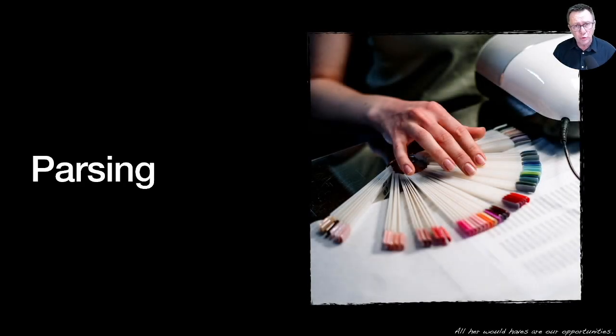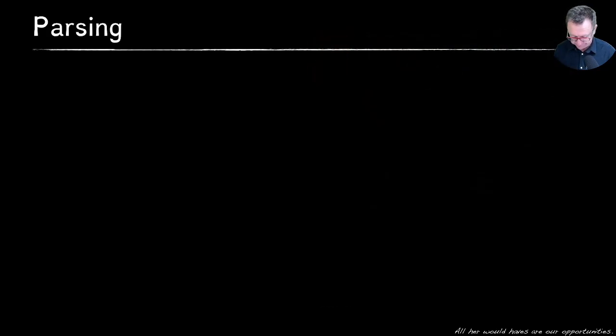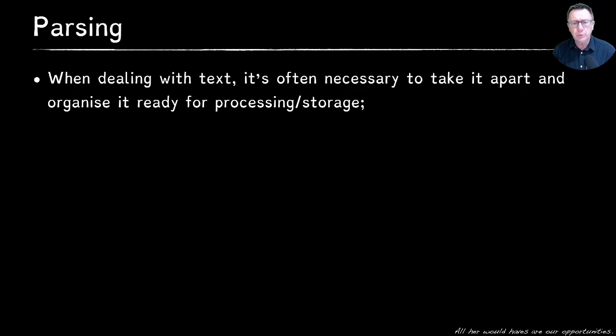Let's now talk about parsing, all right? A really important concept. And parsing is something that you and I are extremely familiar with because we do it all the time. Our highly intelligent brain parses stuff, extracts the meaning, and does things with it. So when we're dealing with text, often what we need to do is pull it apart, okay?